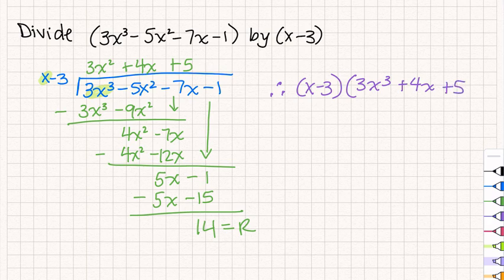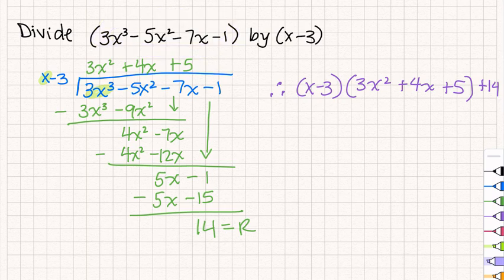Sorry, this is squared. And then our remainder. So think of this as the product. If we multiply these and add 14, we would end up with 3x cubed minus 5x squared minus 7x minus 1.